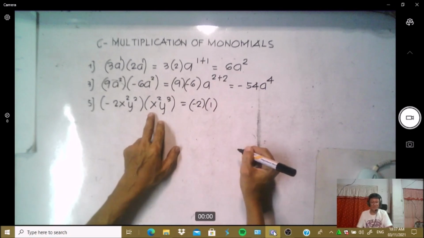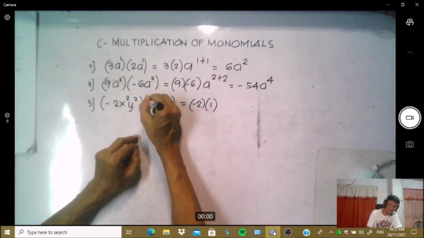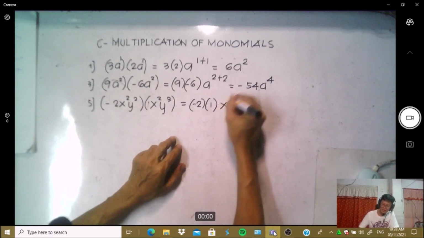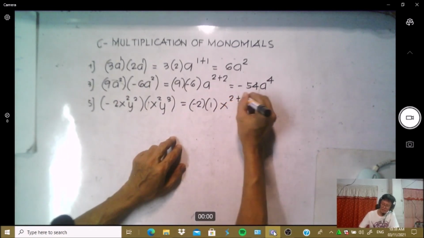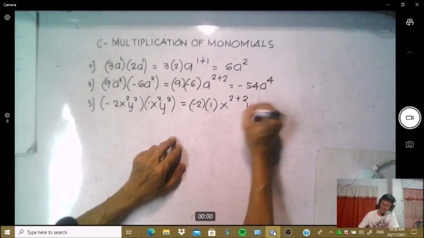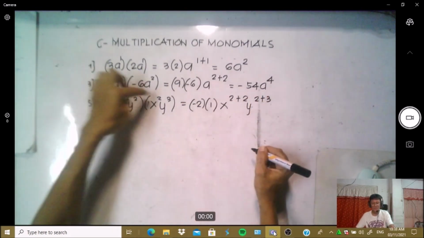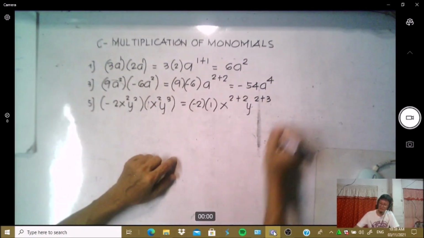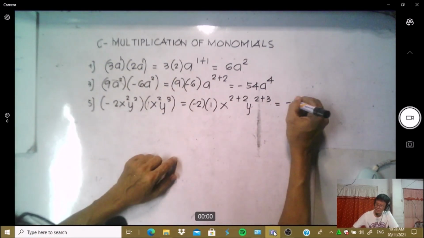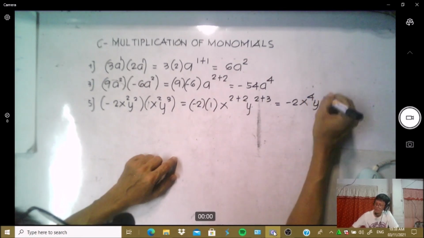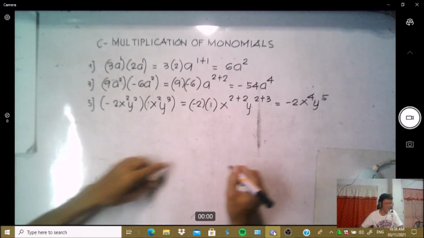It is understood that there is one there. Okay, so we have x, then 2 plus 2, then y, 2 plus 3. Those are the exponents. And therefore, our answer is negative 2, x raised to 4, y raised to 5.